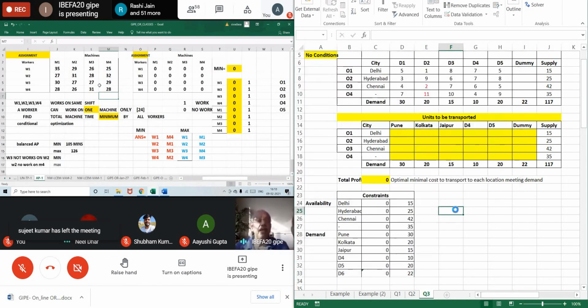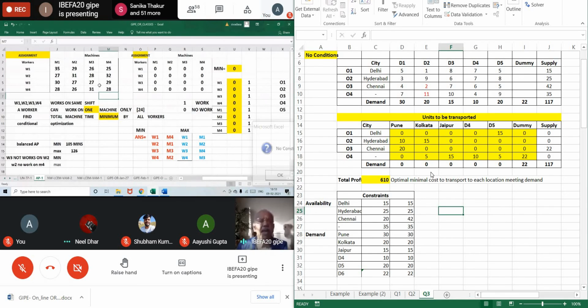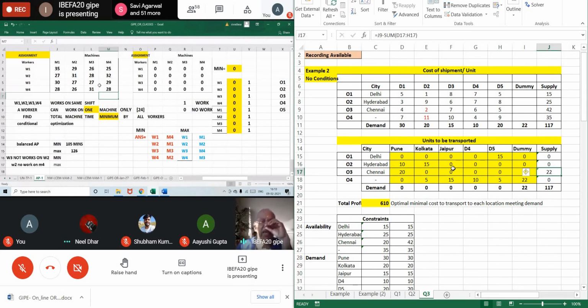That is, if 35 units are assembled in a week, 29 units are assembled in a week, 26 units are assembled in a week, 25 units are assembled in a week, then my problem will be maximize the number of units assembled. What is the assignment?